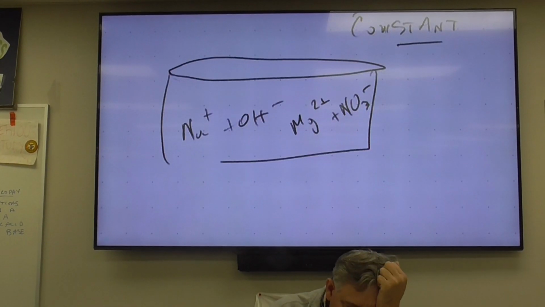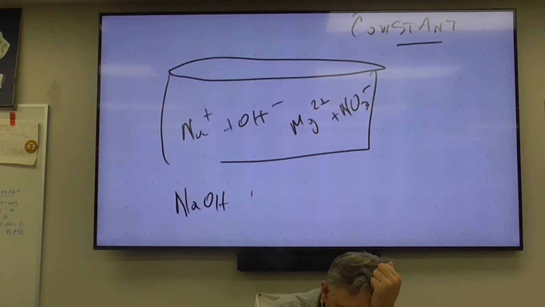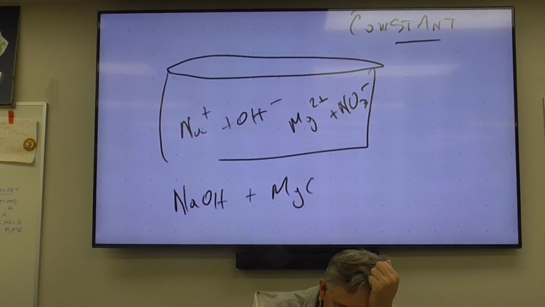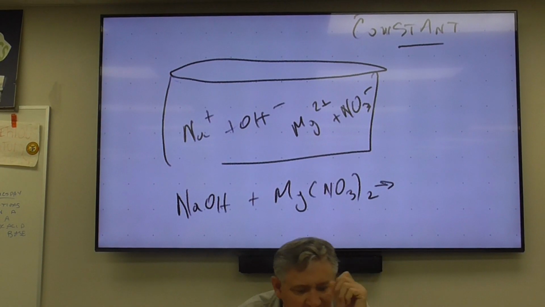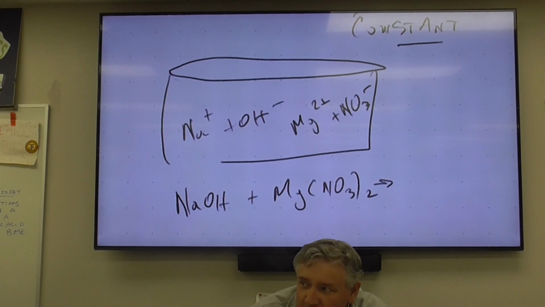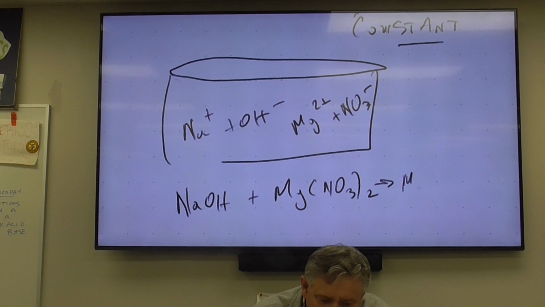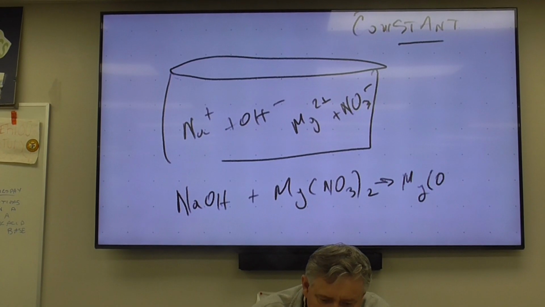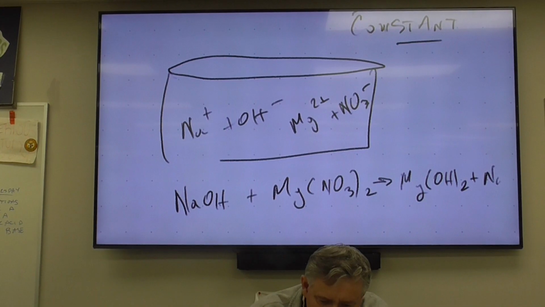If you look at the Chem 1 version of this reaction, you have sodium hydroxide plus magnesium nitrate. Double displacement reaction, what do you get? You're a Chem 1 student, what do you get? You get magnesium hydroxide and sodium nitrate.